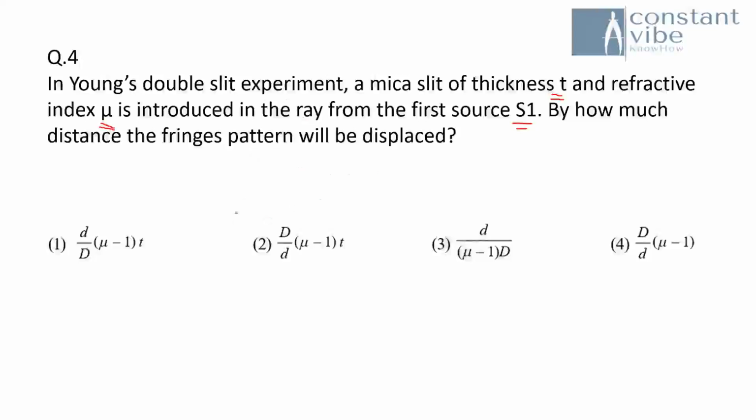How much distance will the fringe pattern be displaced? It's almost the same question as the one we just did, that is, how much distance the fringe pattern is displaced.